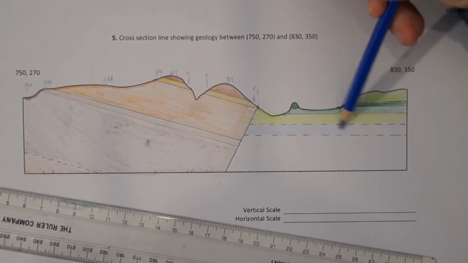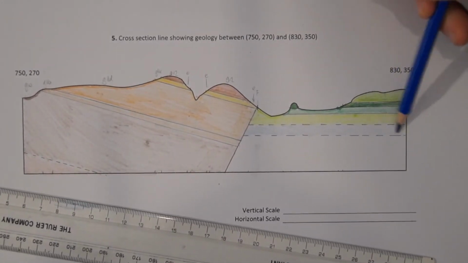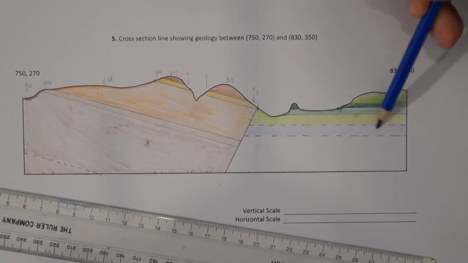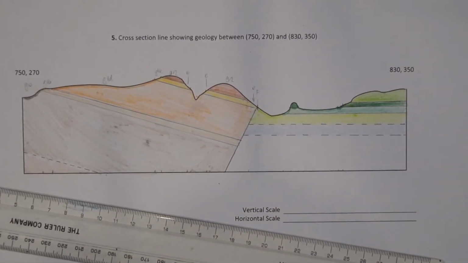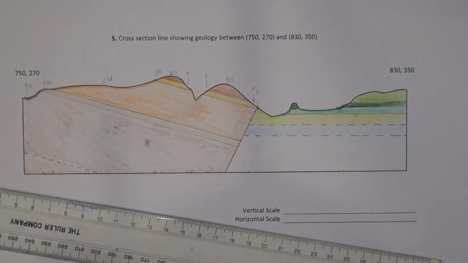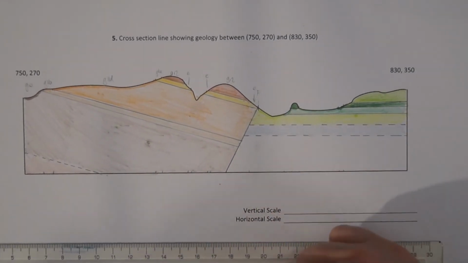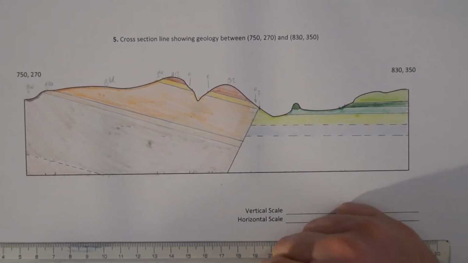I can dot that in. Okay. Now this basal contact that I've just drawn, if you look at the stratigraphic column, is actually an unconformity.